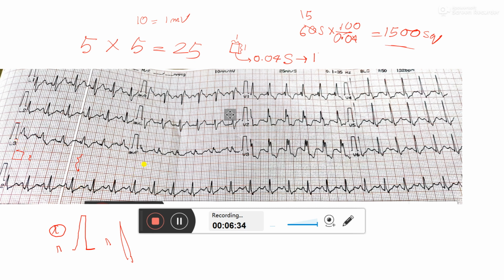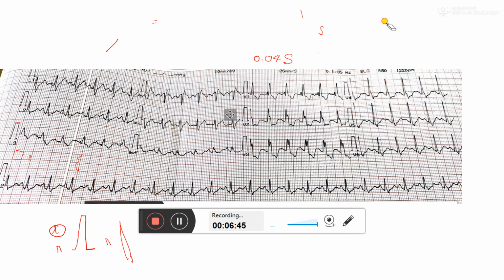Now I will tell you about the waves of the ECG. An ECG starts with a P wave, then the negative Q, then R, then S, and then the T wave, and in some cases a U wave.